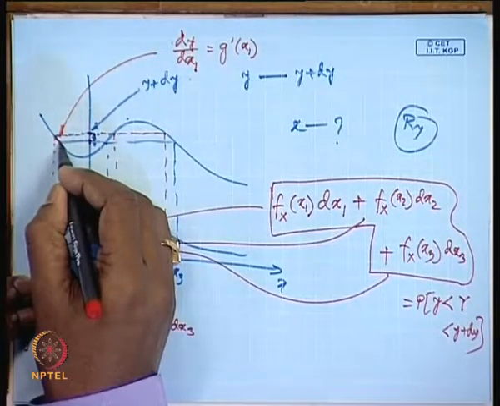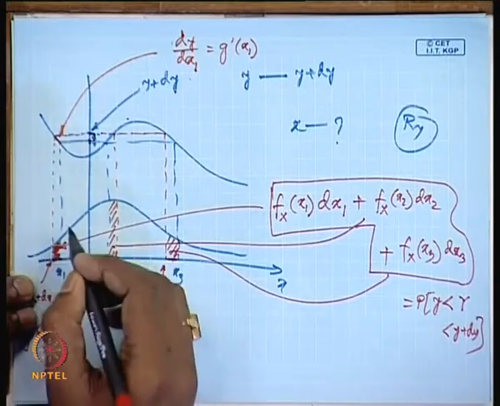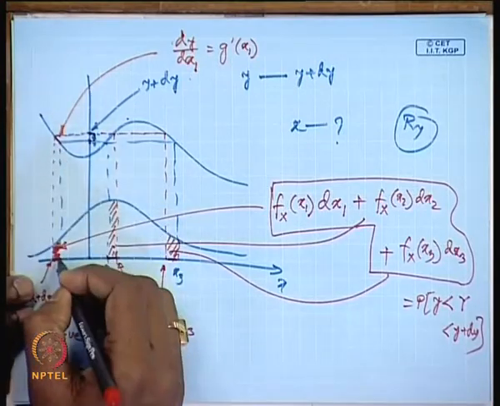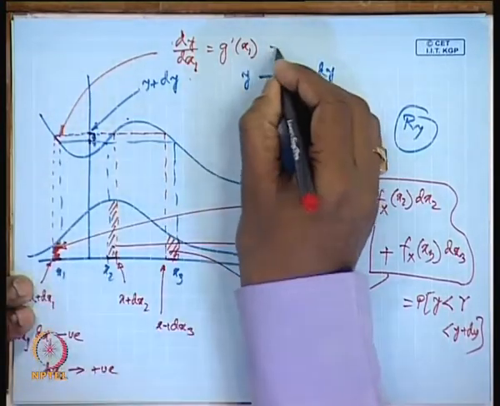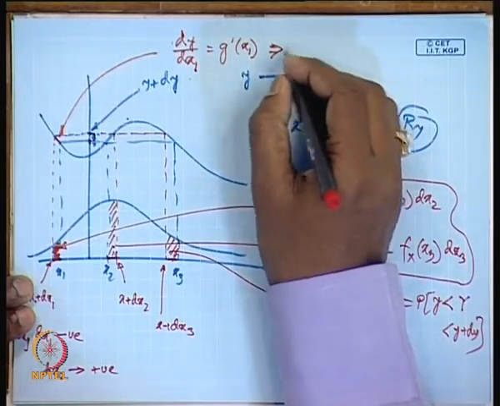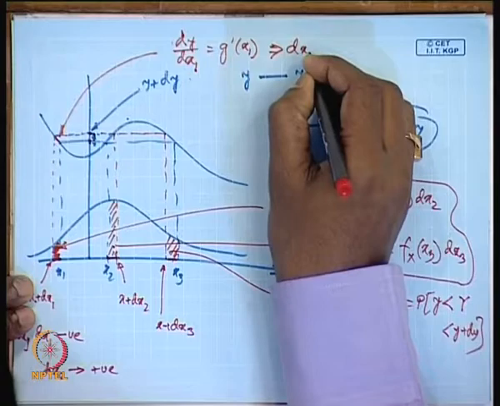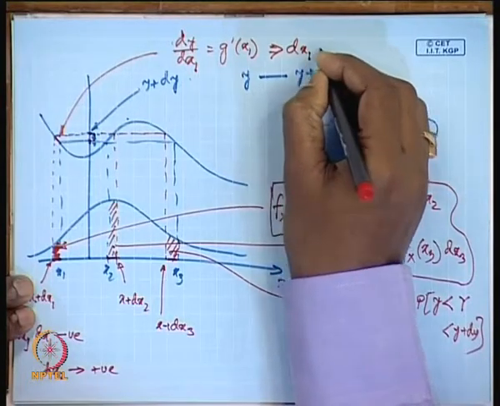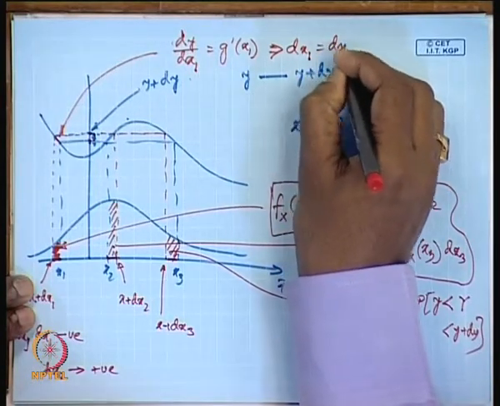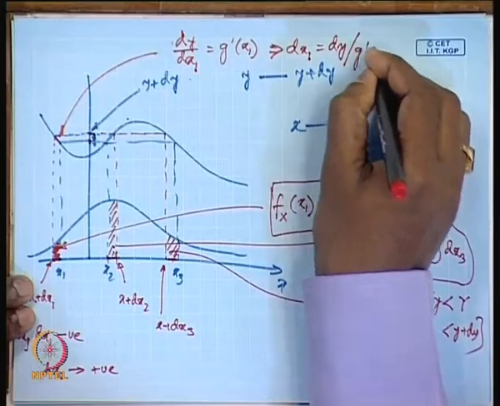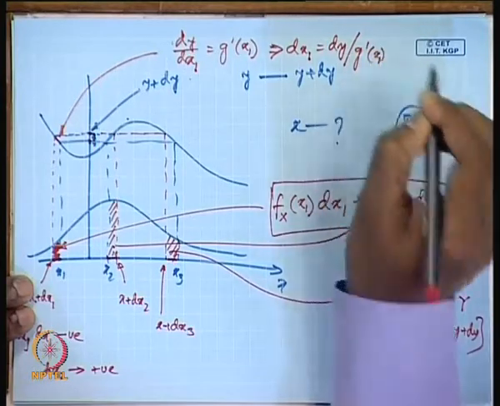So this is how y is changing for this function at that location x1, and this simply follows from this infinitesimal length, where dx1 will be equal to dy at x1.